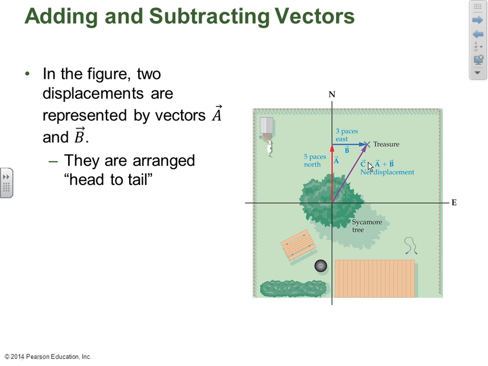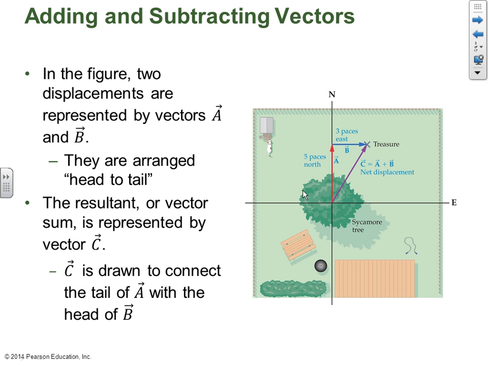Then the resultant vector is the one that we draw from the beginning of the first one to the end of the last one. And we'll come back to this, so don't worry about writing it down just yet, okay? But the resultant vector, or the sum of those vectors, is represented by the one big vector that we draw from the beginning of the first to the end of the last, okay?